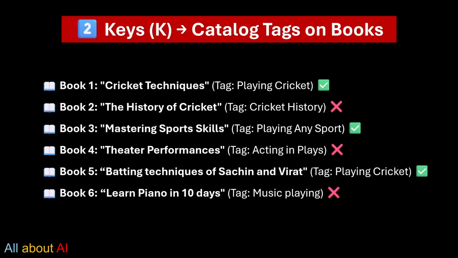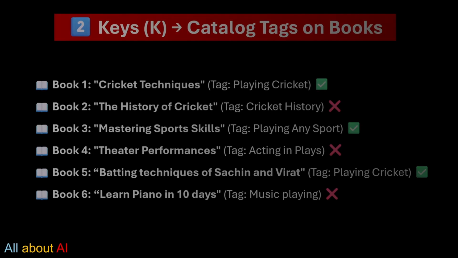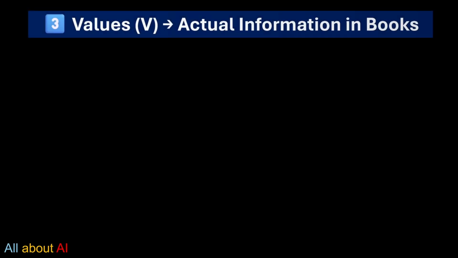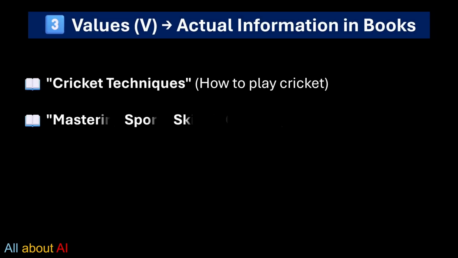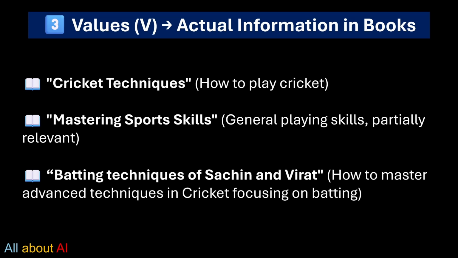Here are the 6 books that the librarian has initially sorted out: cricket techniques, the history of cricket, mastering sports skills, theatre performances, batting techniques of Sachin and Virat, and learn piano in 10 days. Now, the actual content inside these books represents the value.